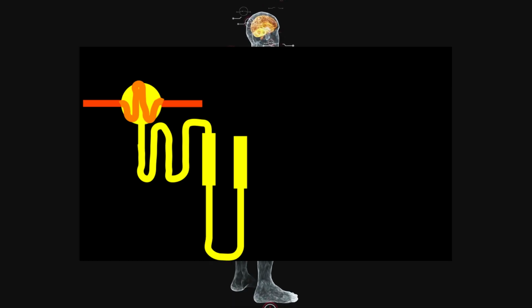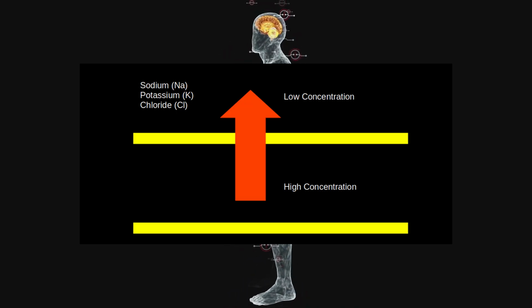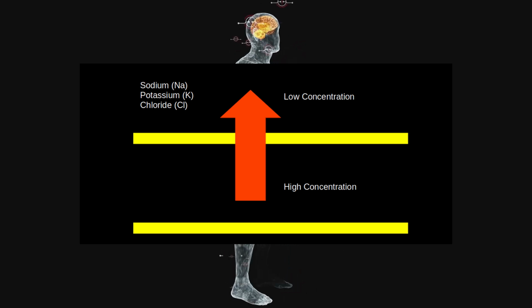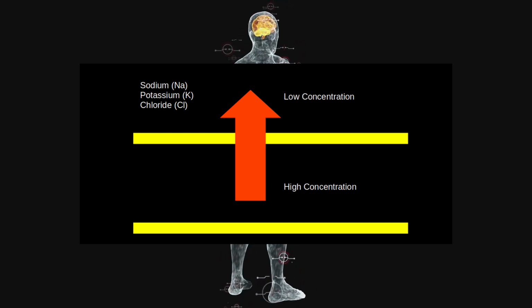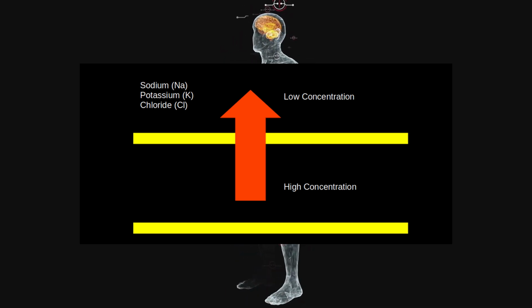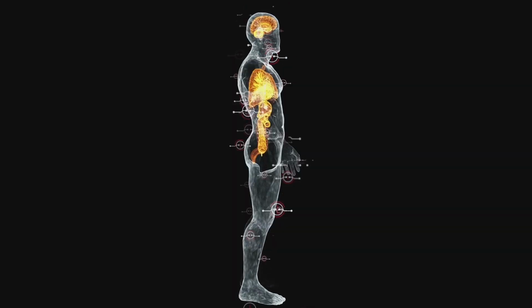Once you start traveling back up the ascending loop once more, you are reabsorbing a variety of solutes, primarily looking here at things like electrolytes. These will, by virtue of the way things work within the human body, and for that matter within nature in general, travel down a concentration gradient.